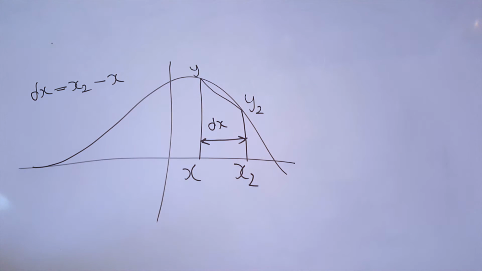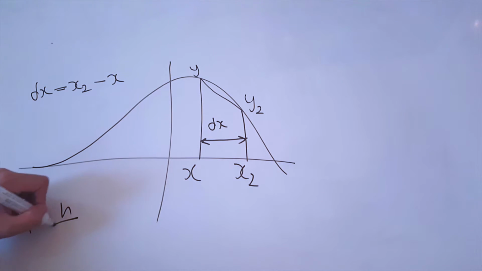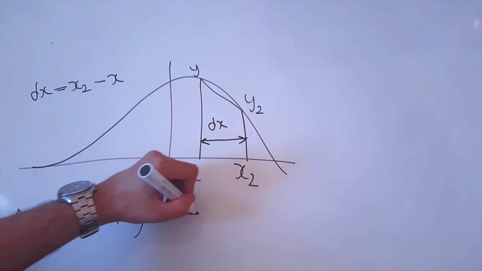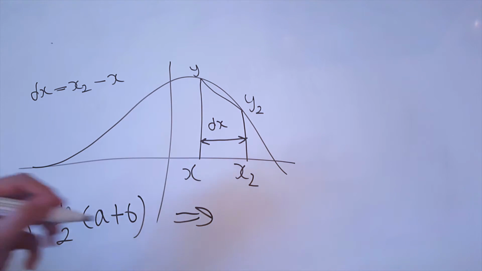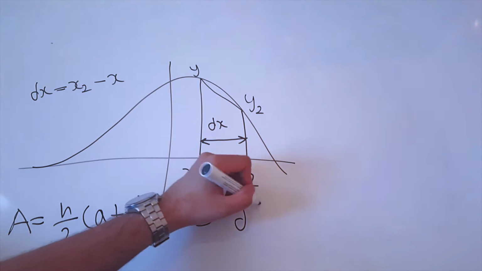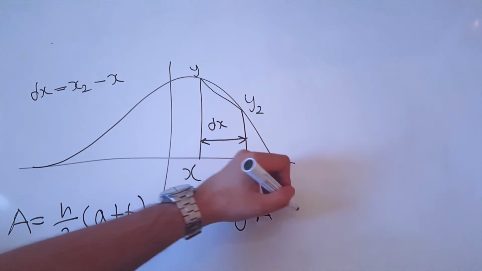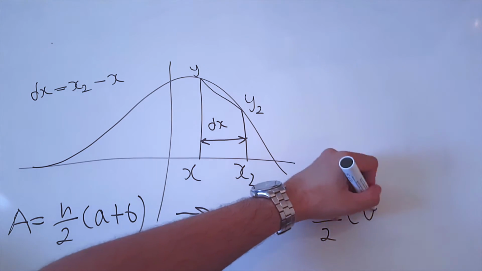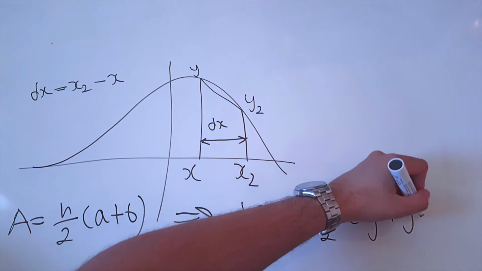Now, considering our trapezium rule, we know that the area equals the height divided by 2 multiplied by the sum of the two sides. So we can just simply implement our other variables into this formula where the change in area we can call dA, and the height is dx, and the two sides are respectively y and y2.